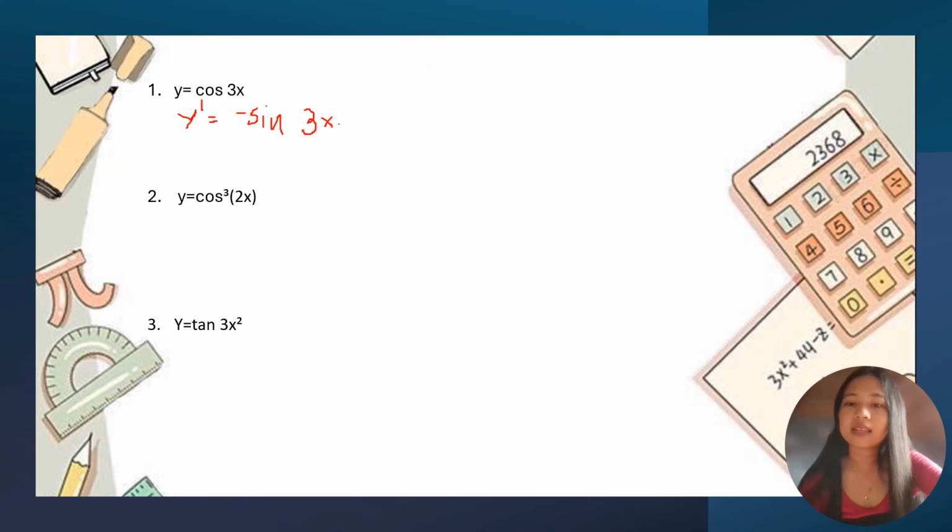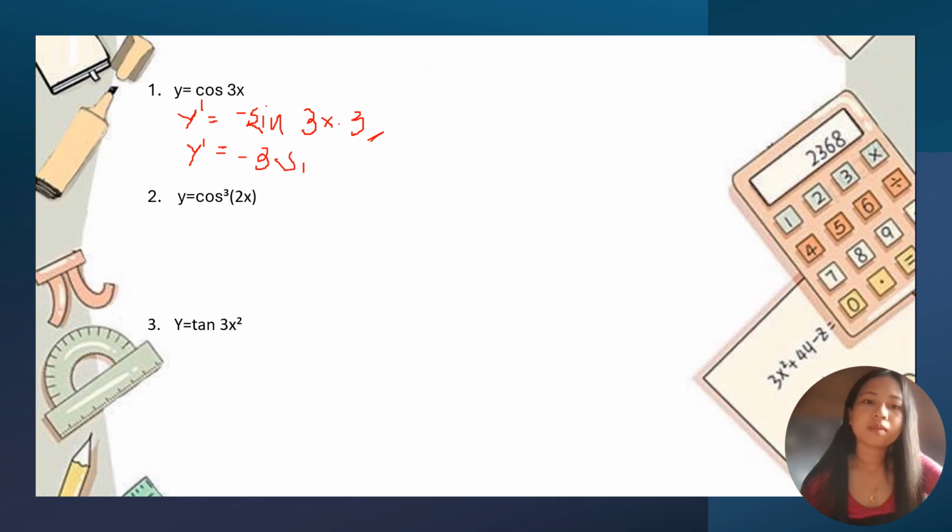Then the derivative of 3x is 3. So we multiply this 3 to the negative sine 3x, and we get negative 3 sine 3x.